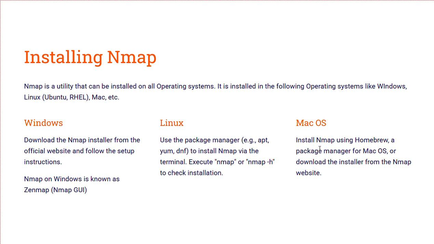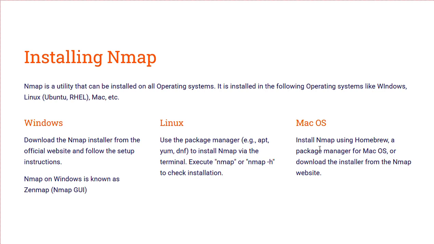But if you want to have fun, this is my own perspective, if you want to play around with and manipulate a lot of commands, then the CLI is your go-to. So if you want to install Nmap on Windows, you have to go to your browser, download the Nmap installer, and install it, right?